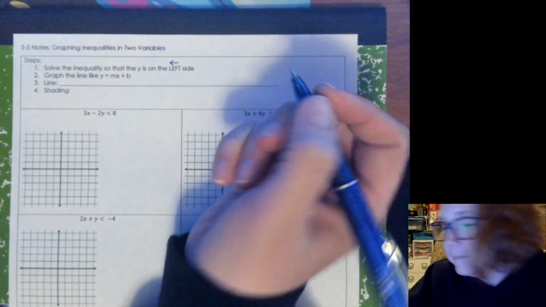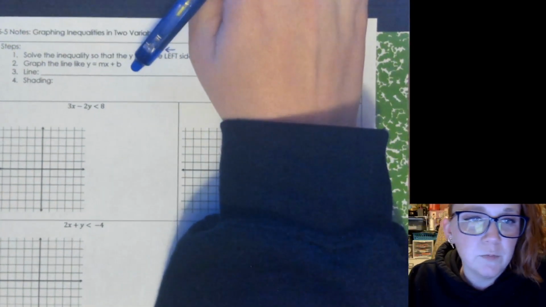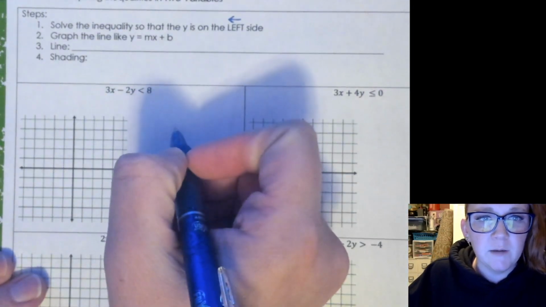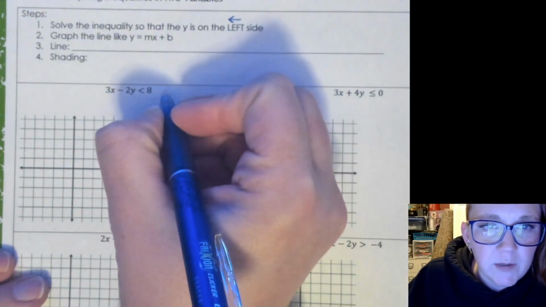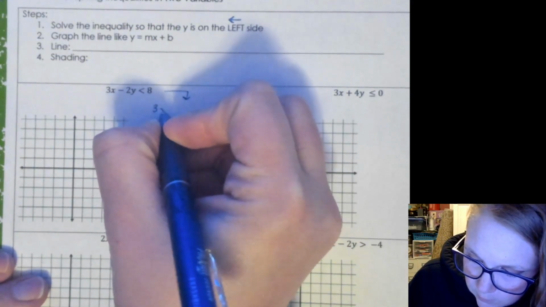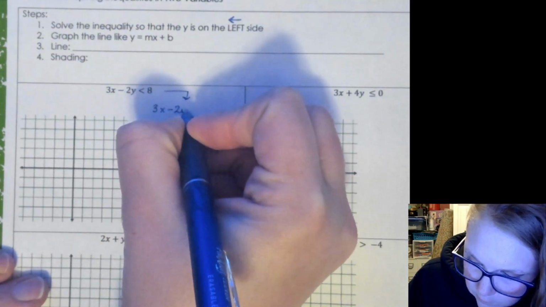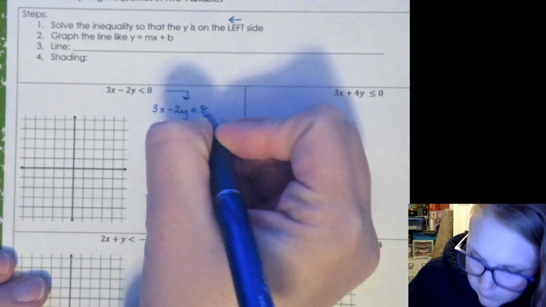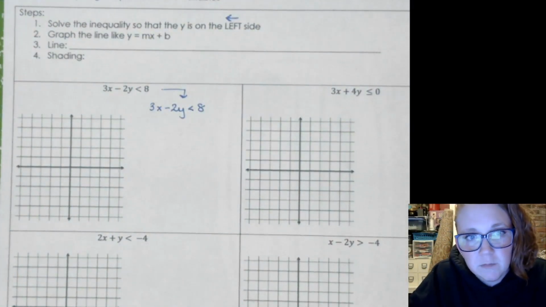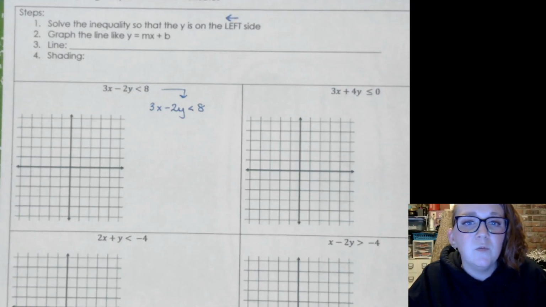So let's try this first one here. I'm going to write it over here, just so we have a little bit more room to solve it. We want to get y on the left side.